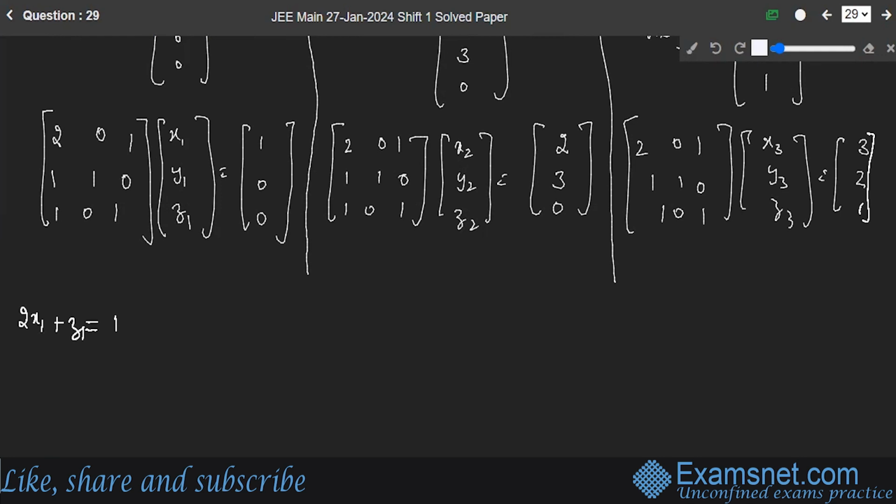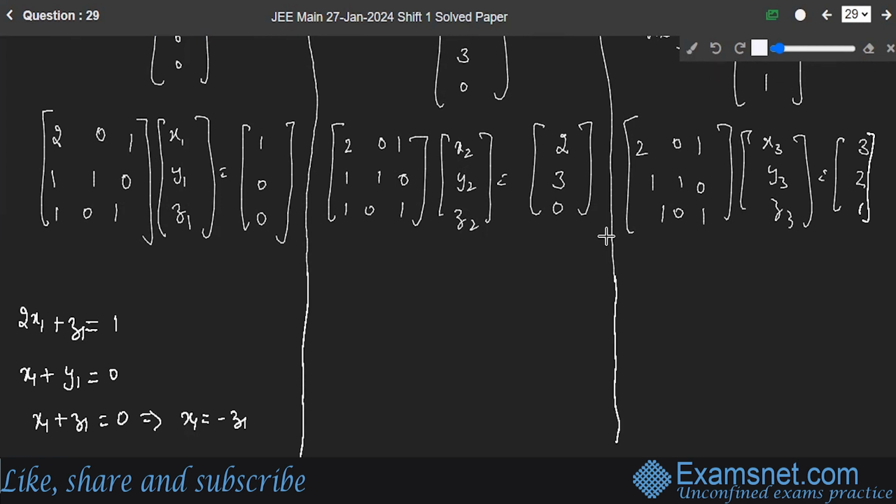Then you have x1 plus y1 is equal to 0. Then you have x1 plus z1 is equal to 0. That means x1 and z1, they are opposite of each other. You have x1 is equal to minus z1.